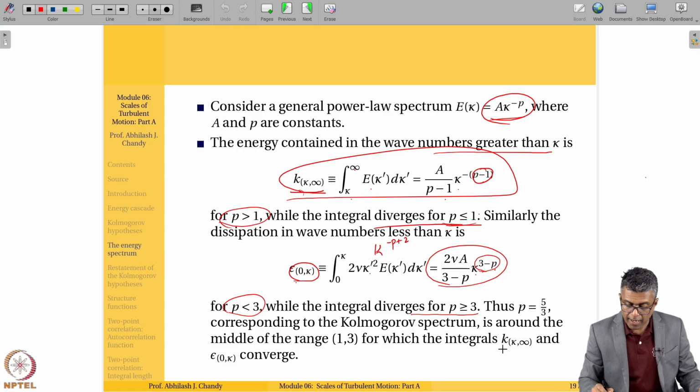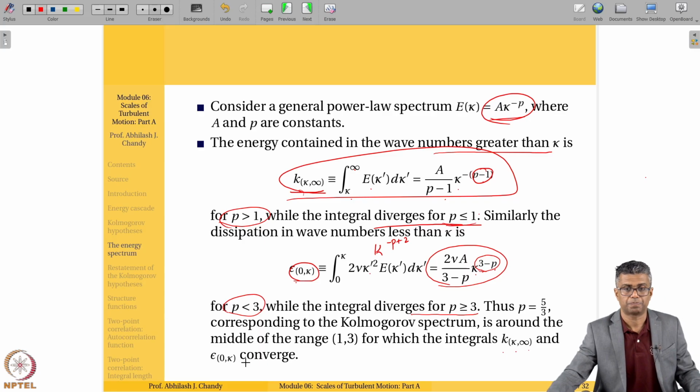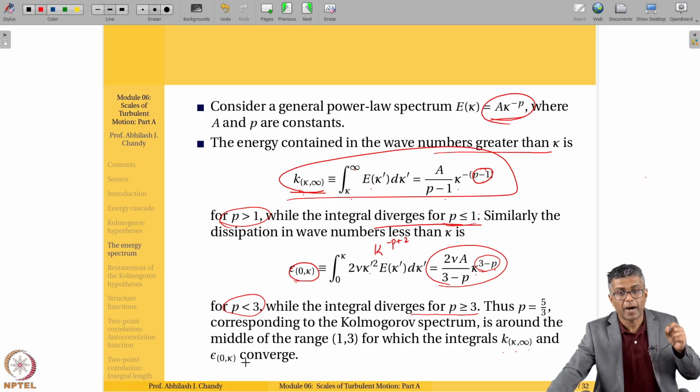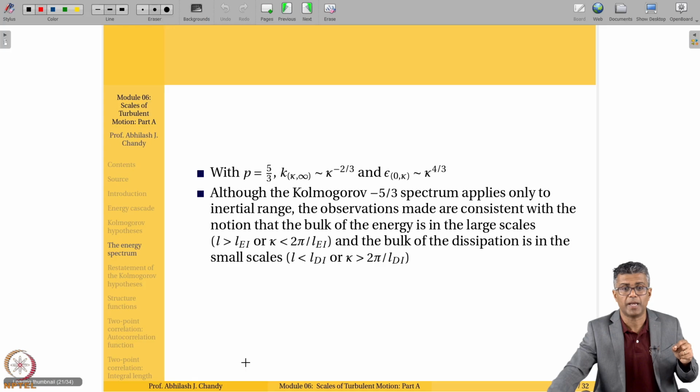So K, turbulent kinetic energy, from kappa to infinity, and epsilon from 0 to kappa, they converge. So minus 5/3 does indeed make sense.